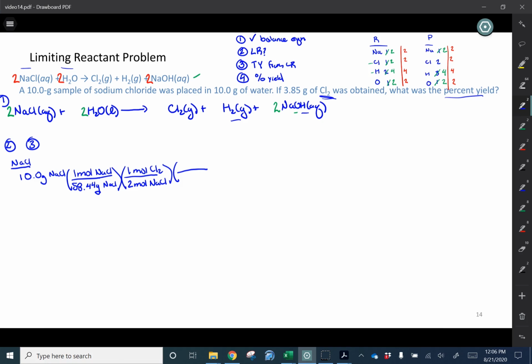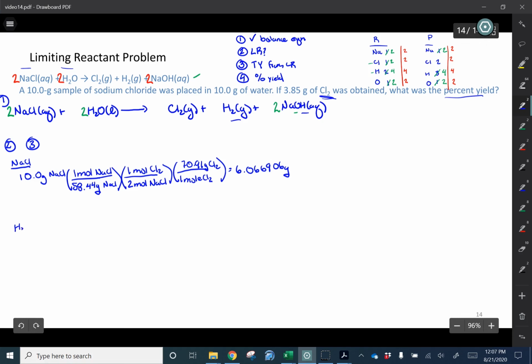And then we'll turn that to grams. 1 mole of Cl2 is 70.91 grams of Cl2. We plug and chug this, we should get 6.066906 grams. Notice that even though I only have 3 sig figs that I'm starting out with, I'm going out to all my decimal points because I want to make sure that I don't have a rounding error. We'll round at the very end.